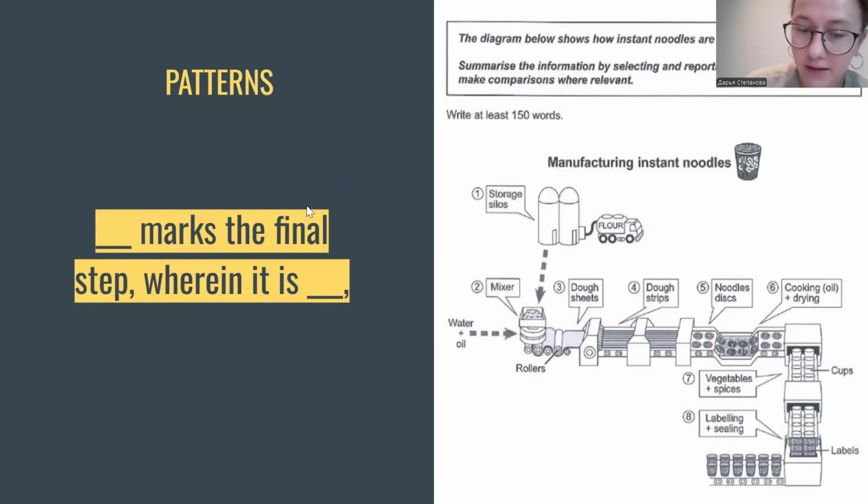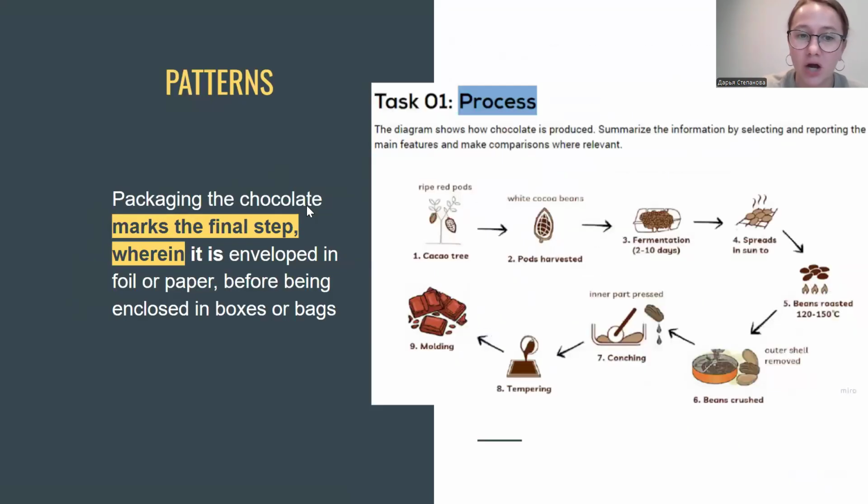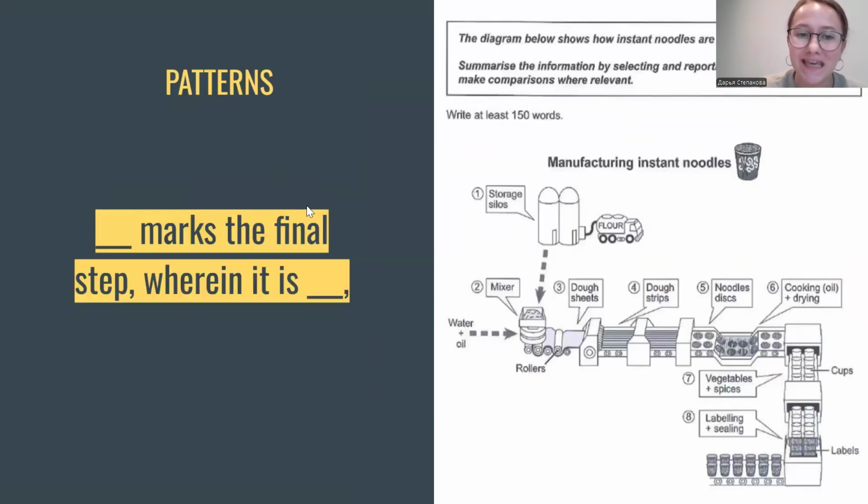Like in the previous slide, packaging the chocolate. So you just write: packaging the instant noodles marks the final step wherein they are labeled and sealed. And that's it. You have a ready-made sentence to finish your academic chart description.